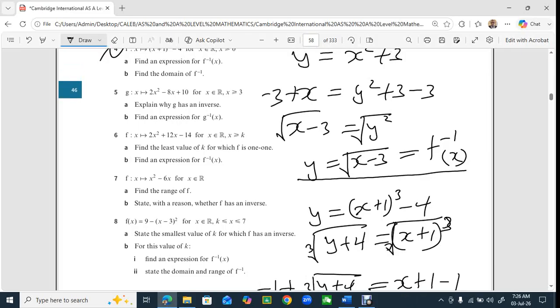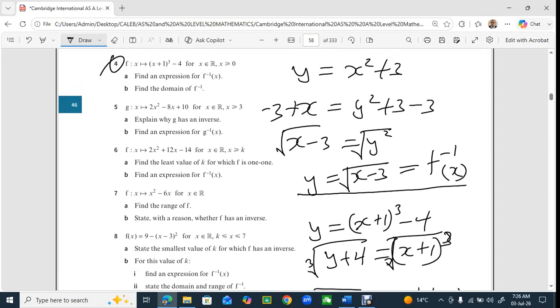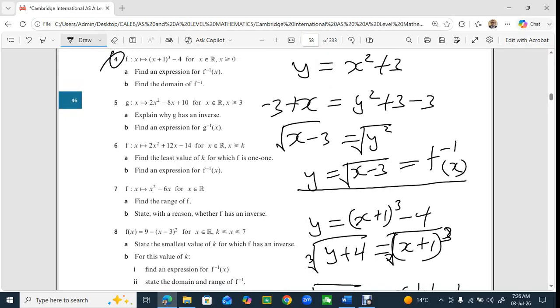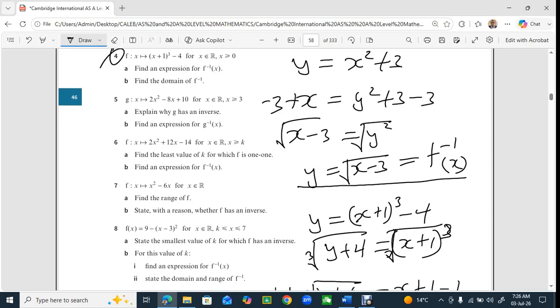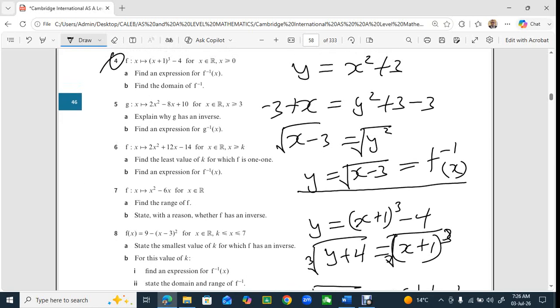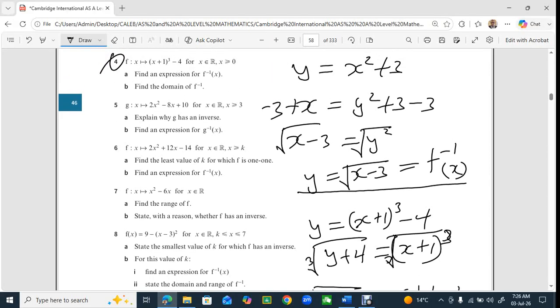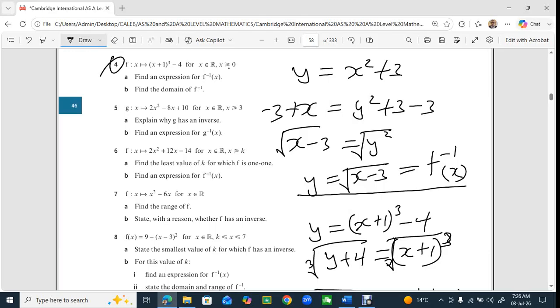Which group wants to volunteer to do part B for us? Mahmoud? Oh, nice. Come. You said you first get the range of the function itself. So now we are given the input values of x as 0. So now we get the range.